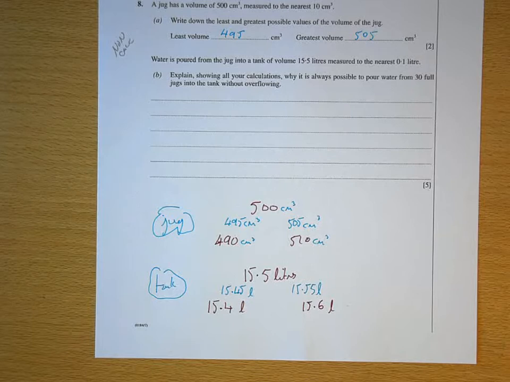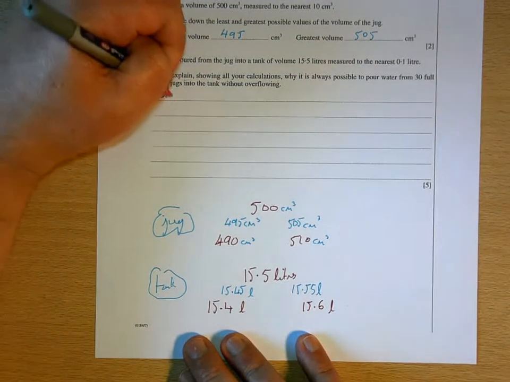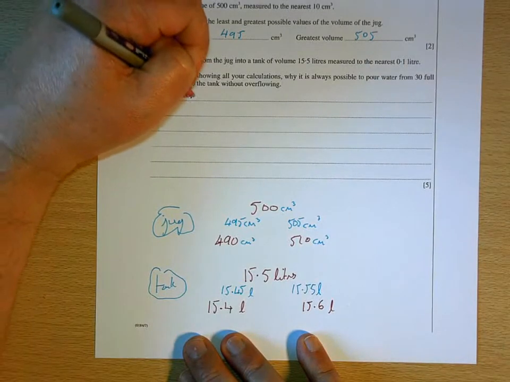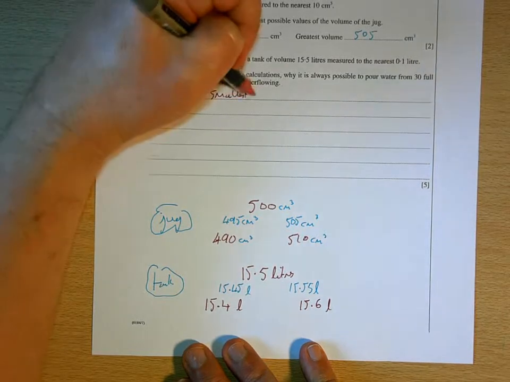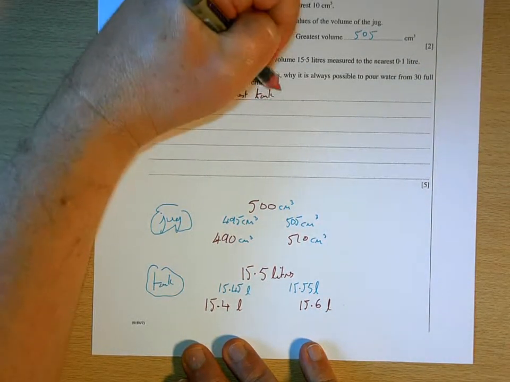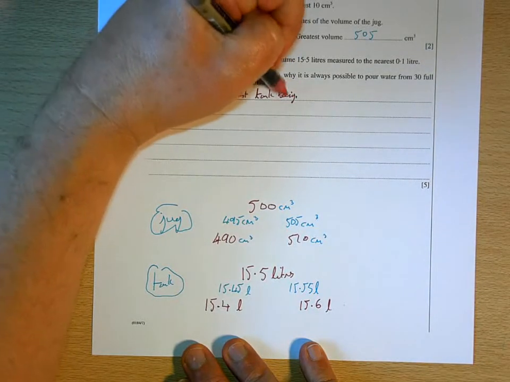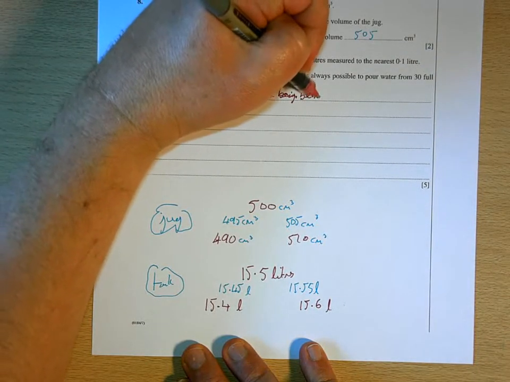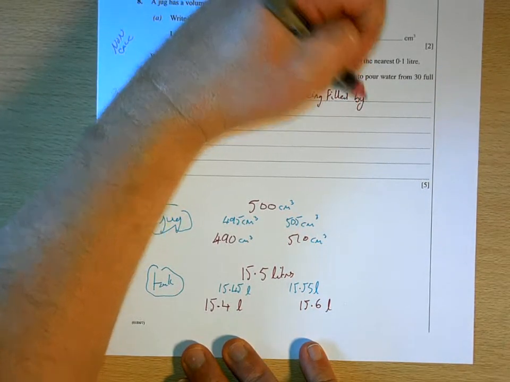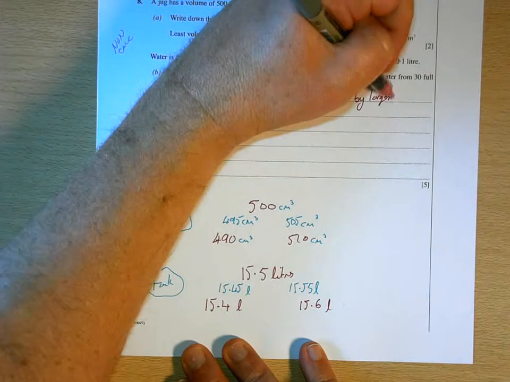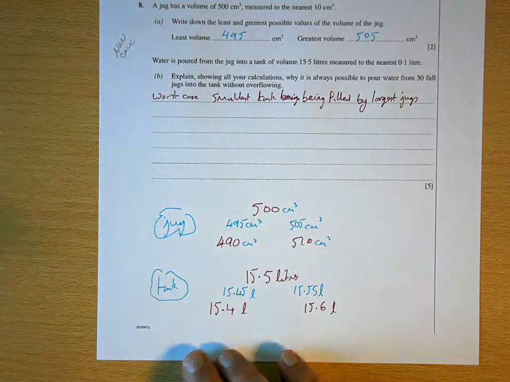Okay, so again, the worst case scenario would be the smallest tank being filled by largest jugs. Okay, so that's the worst case.